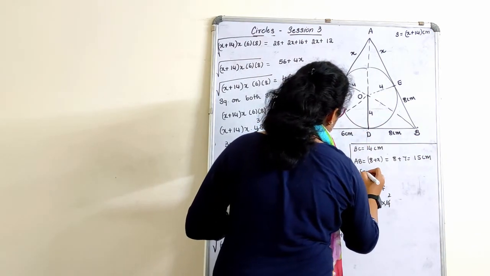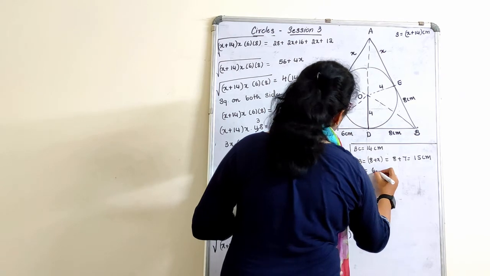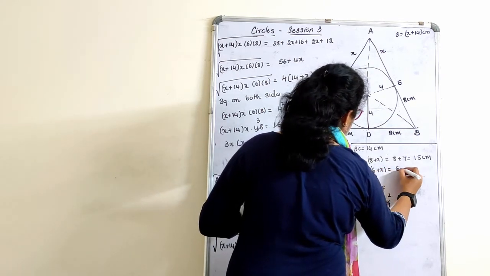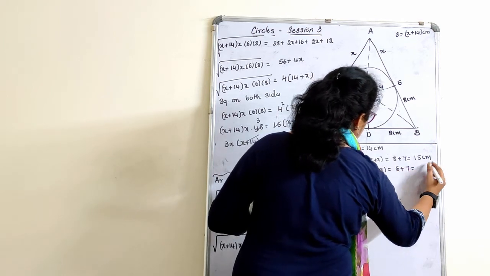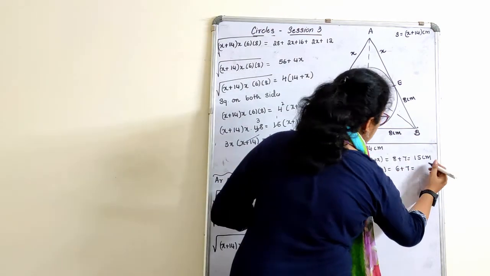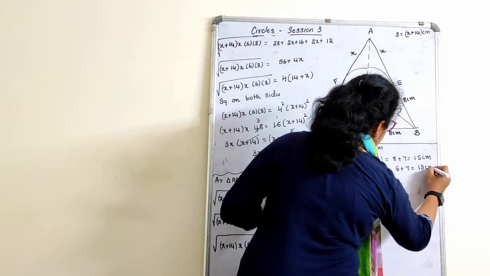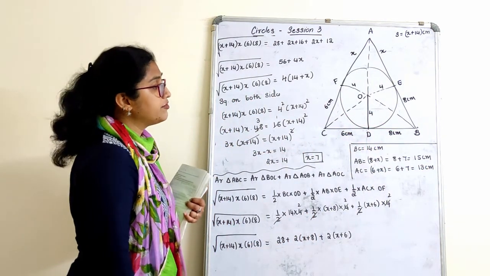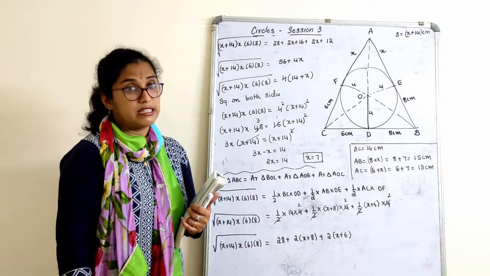AC is equal to 6 plus x. 6 plus 7 is equal to 13 centimeter. So the measurements are 14 centimeter, 15 centimeter and 13 centimeter.